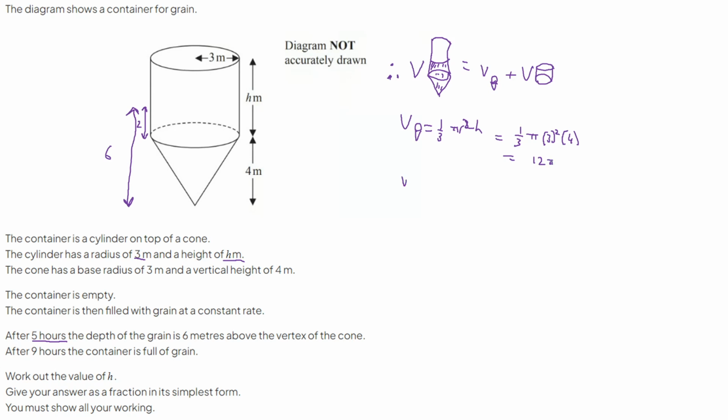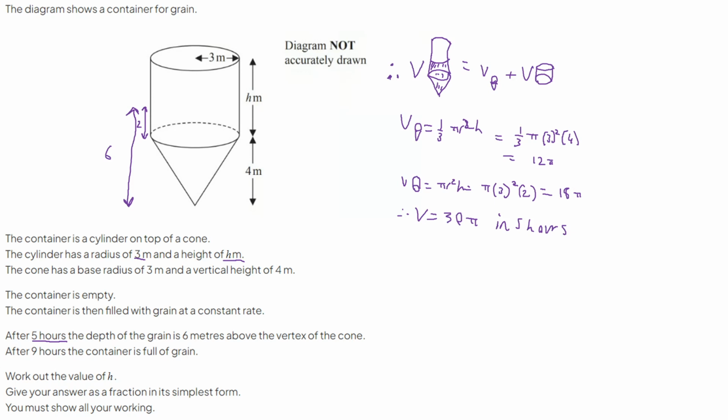And the volume of the cylinder is going to be pi r squared h, which is just equal to pi times 3 squared times 2, which is equal to 18 pi. So therefore the volume is equal to 30 pi in 5 hours.